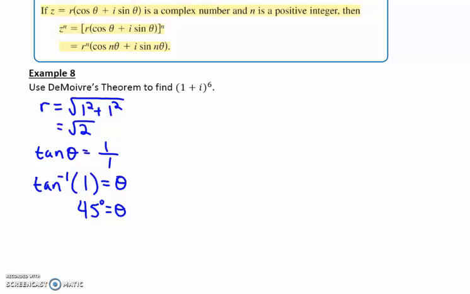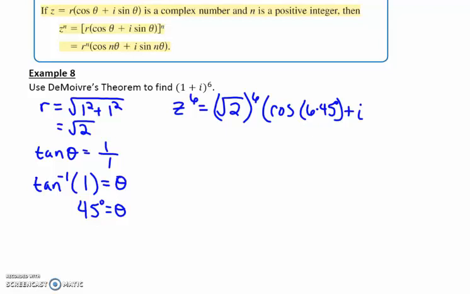Okay. We now know what our sine and cosine are because it's 45 degrees. So z to the 6th is equal to the square root of 2 to the 6th power, that's our r to the n, times the cosine of, not 45, we need to multiply by n, so the cosine of 6 times 45 degrees plus i times the sine of 6 times 45 degrees.